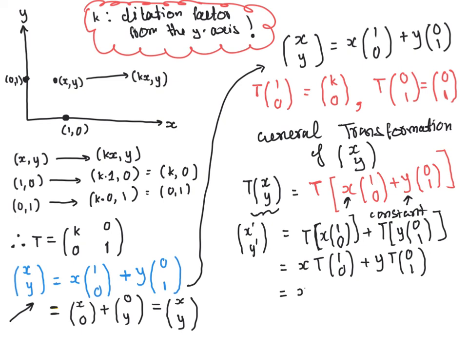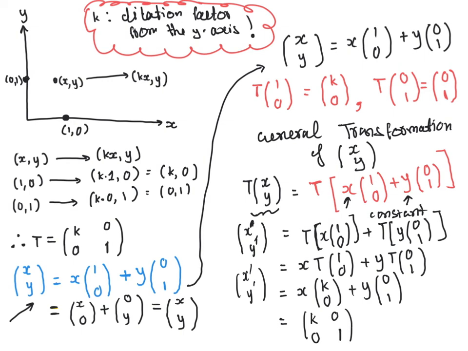So we get x times k 0 plus y times 0, 1. If we write this in matrix form, x dash, y dash equals the matrix k 0, 0 1 times x, y. This is the equivalent expression in matrix notation.